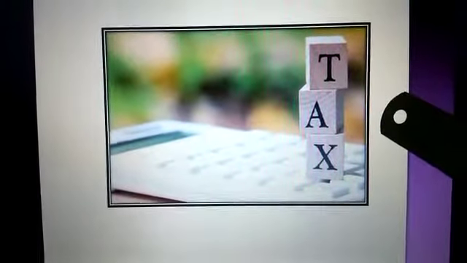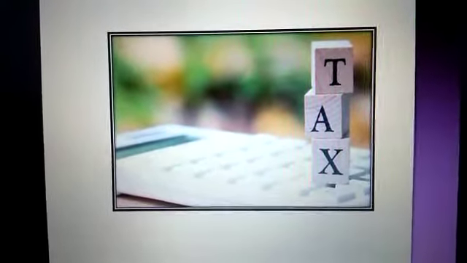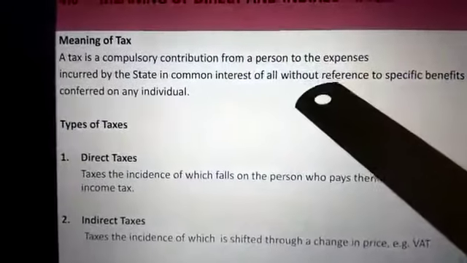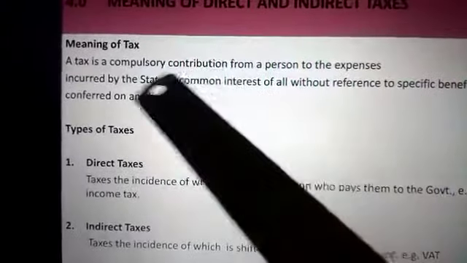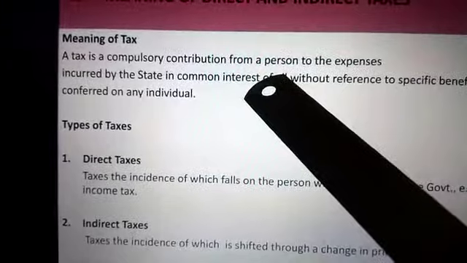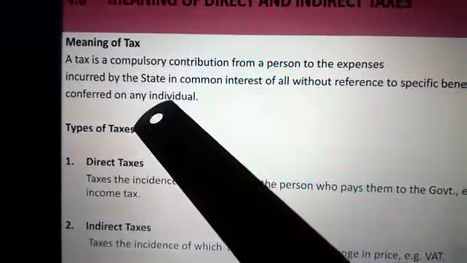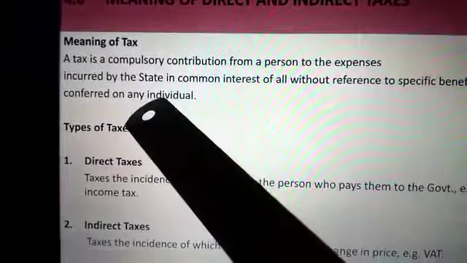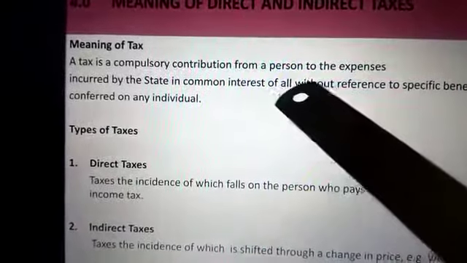The first instrument of fiscal policy is tax. What is a tax? It is a contribution from a person to the government. State means government here. Why?